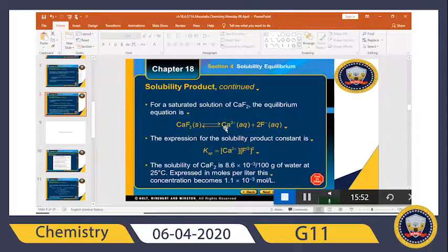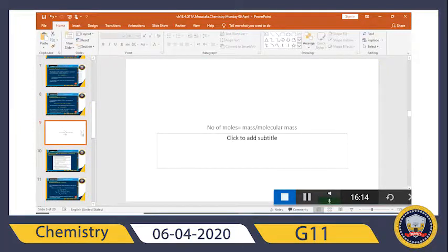I'll give you the atomic masses: calcium equals 40 and fluoride equals 19. So calcium fluoride equals 40 plus 2 times 19, which is around 78. So here, to find the number of moles, you have the mass, and you put it over the molecular mass.